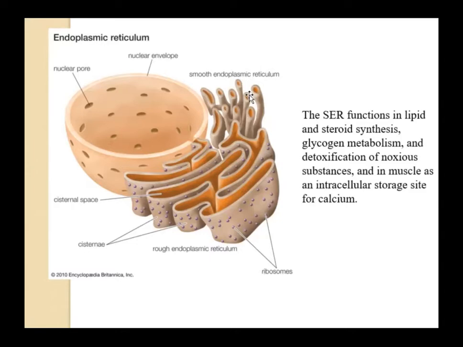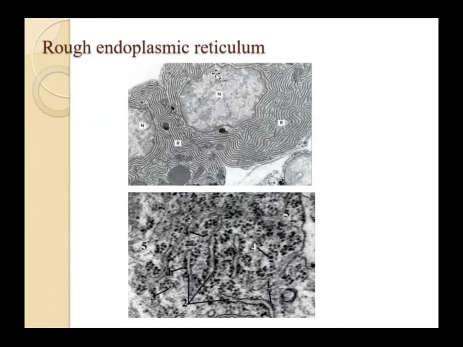If we are talking about the rough endoplasmic reticulum, RER, inside of this cell we can see the electron micrograph representation of the rough endoplasmic reticulum that occupies most part of the cytoplasm.